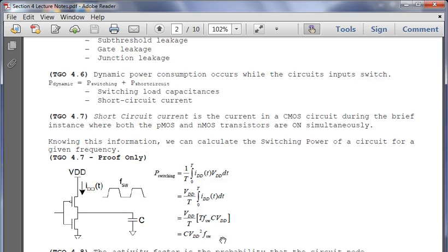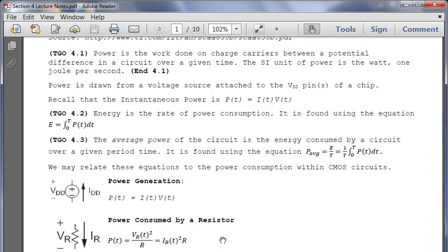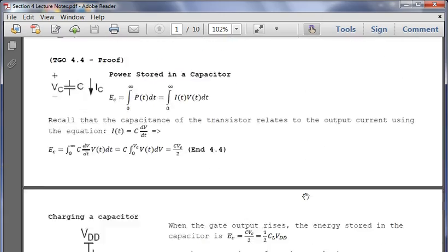Great. So now we have some time that we're consuming a certain amount of power, right? So we go back up here, we see that P average is energy divided by time. So if we're trying to find the energy, we just multiply T times the power.